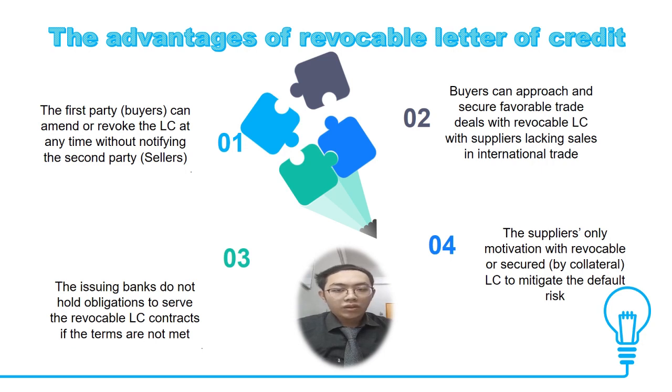And the third advantage is the issuing bank does not hold an obligation to serve the revocable LC contract if the terms are not met. And the last is the supplier's only motivation, which is revocable or secured by collateral LC, to mitigate the default risk.